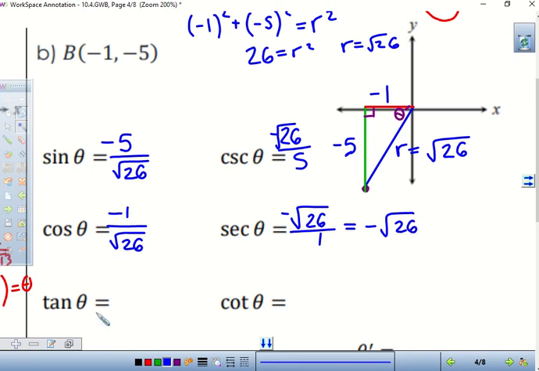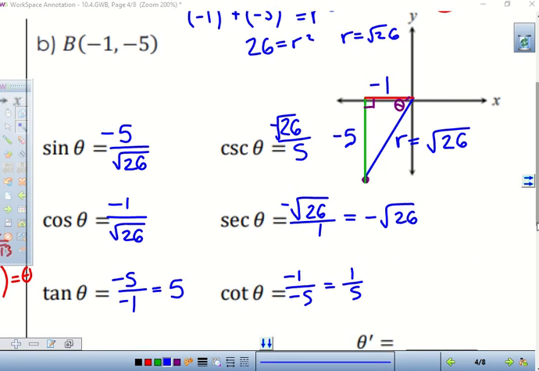Tangent is opposite over adjacent, which ends up being -5 divided by -1, which is just 5. And cotangent would be -1 over -5, which is just 1/5. So tangent and cotangent will become positive here, which makes sense because it is the third quadrant, which is the rule of the third quadrant. Cotangent and tangent are positive in this quadrant.